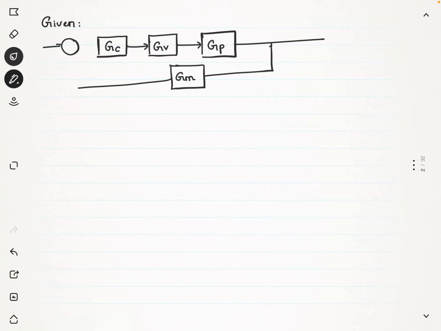We'll always be using a negative feedback. So this would be the basic structure of the feedback loop.